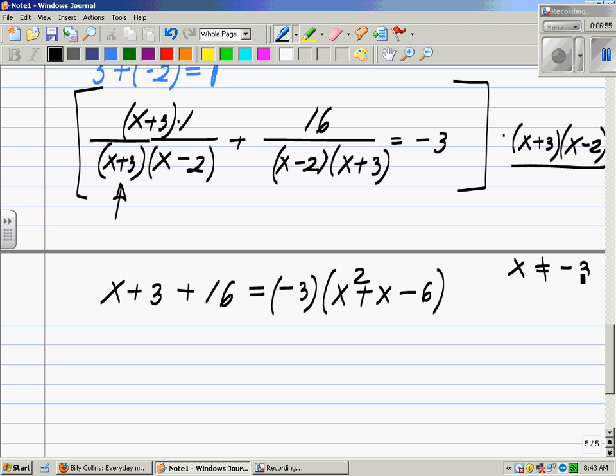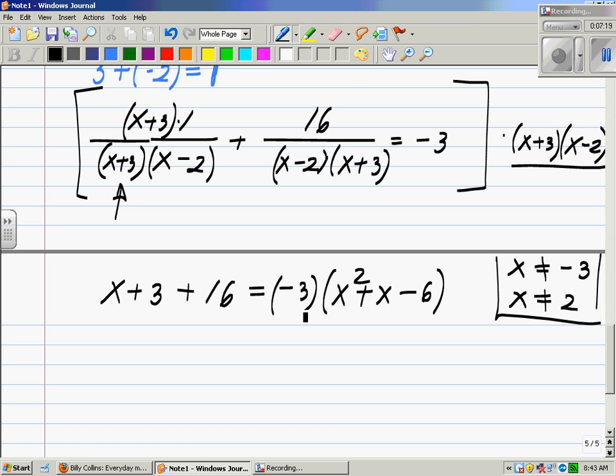So your x has to be different than negative 3, because negative 3 plus 3 will be 0. Not good. And then the second one, I have to find for what value of x this x minus 2 is 0. And x has to be different than that too. And for what value x minus 2 will be 0? If x equals 2, that will be what? 2 minus 2, and that will be 0. Not good. So x has to be different than 2 also.